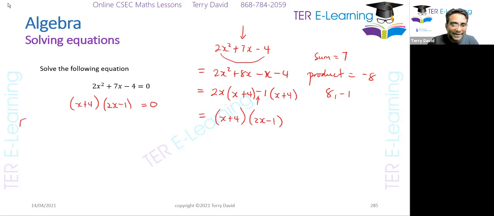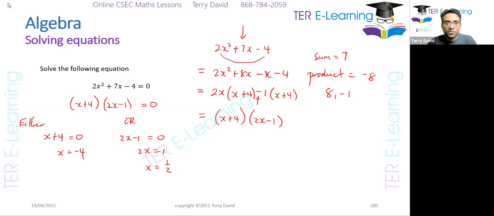So we can say either x plus 4 is equal to 0, so therefore x is equal to minus 4. That's one solution. Or 2x minus 1 is equal to 0, so 2x is equal to 1, and therefore x is equal to a half. So that's it, guys. It's just a short video on solving different types of equations.